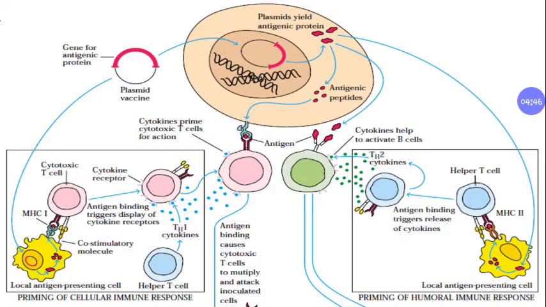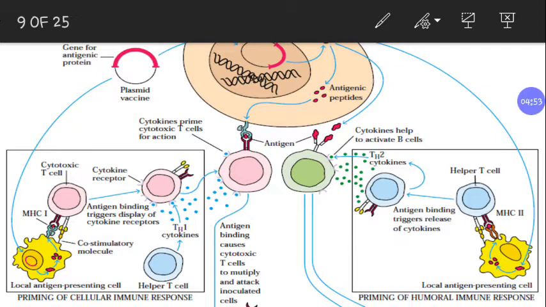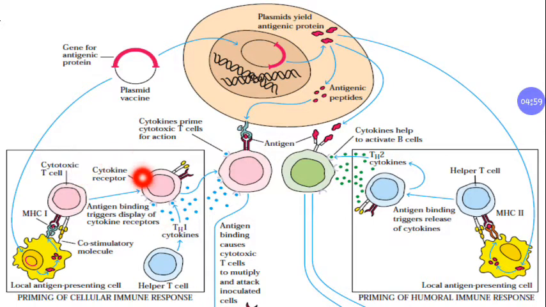Here in this figure, we can see that the plasmid vaccine, when introduced, induces both cellular and humoral immune responses.